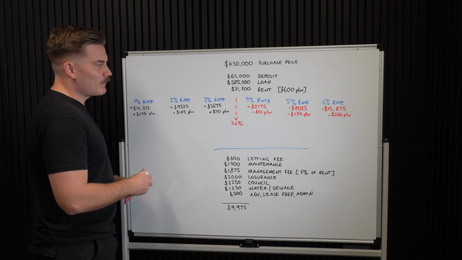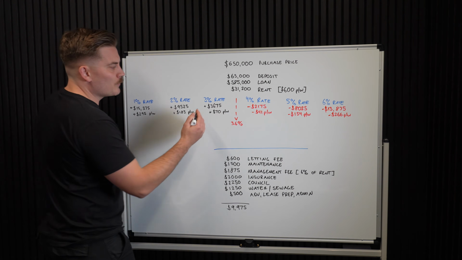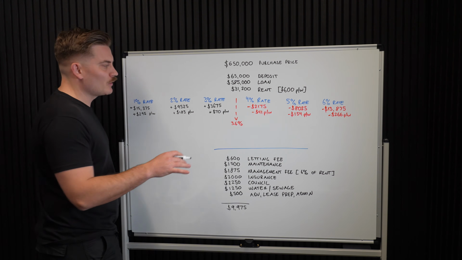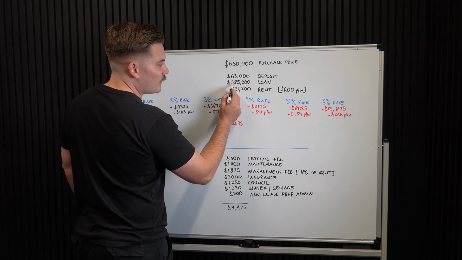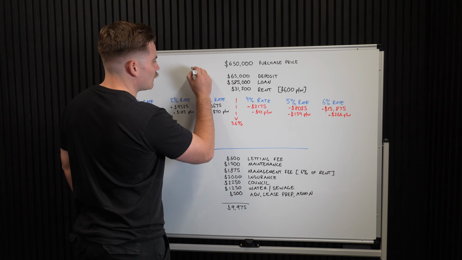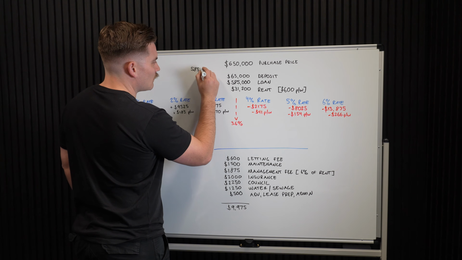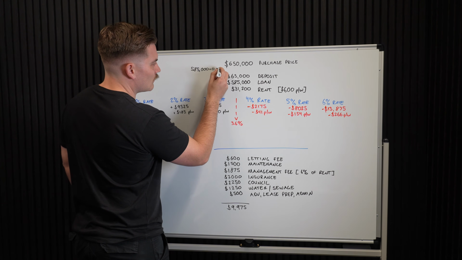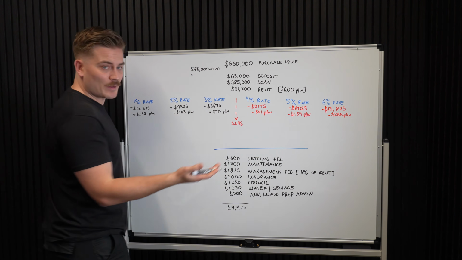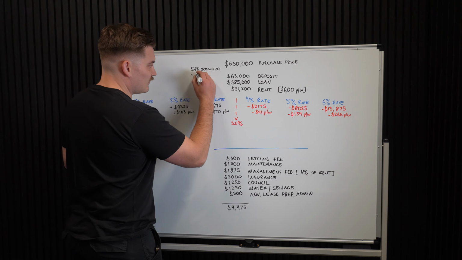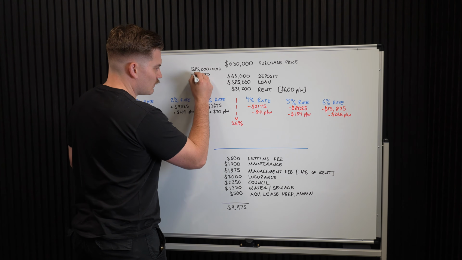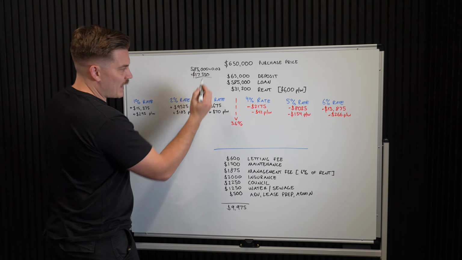So how I do that number, just if you're following along at home, I'm taking the interest rate. Remember, as an investment property, I'm paying interest only. I'm timesing 585 by 3%. That's going to give me the interest that I'm paying per year, which in this case is $17,550. That is the interest I'm paying.